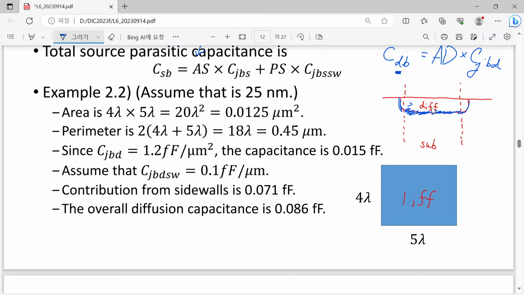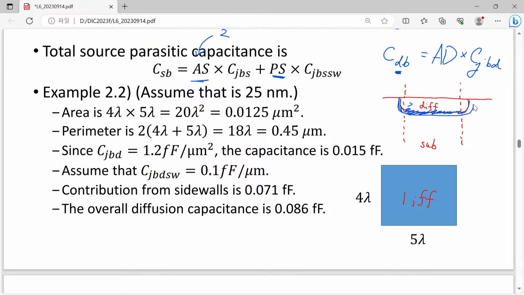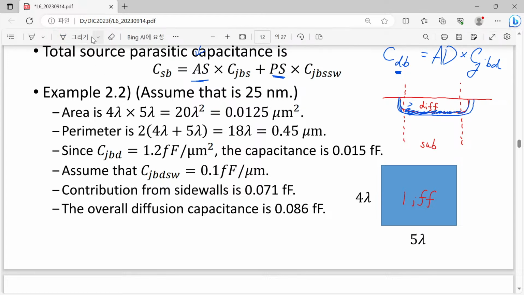My answer is both the area dependent one and the perimeter dependent one are related to the depletion of this PN junction. Since your question is so good, let me explain a little bit further about that.